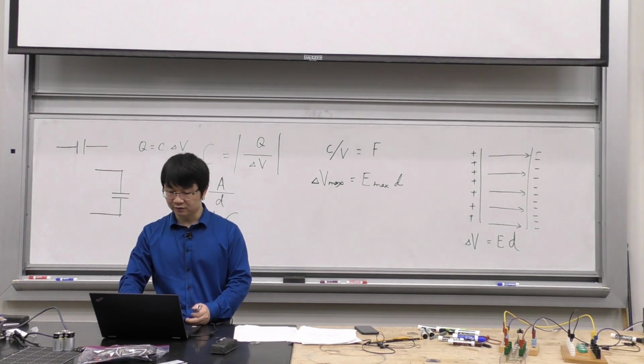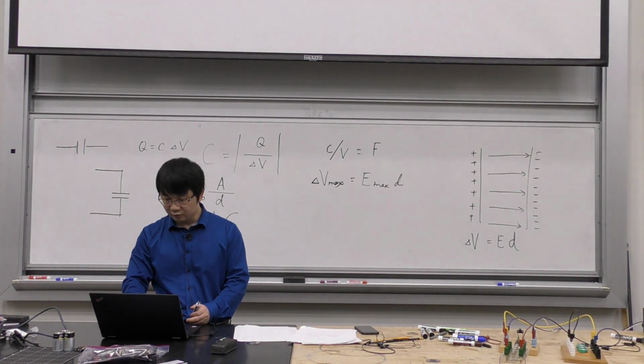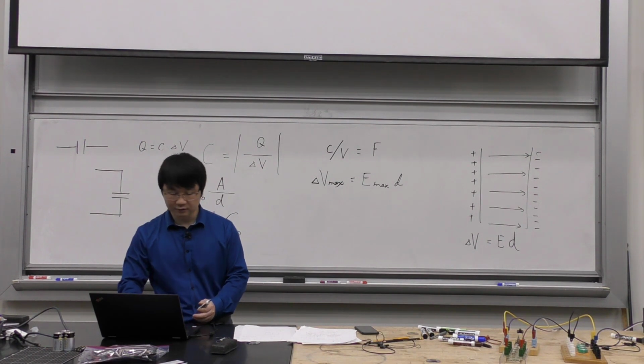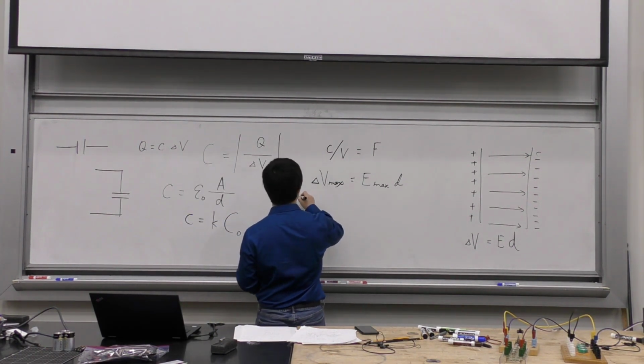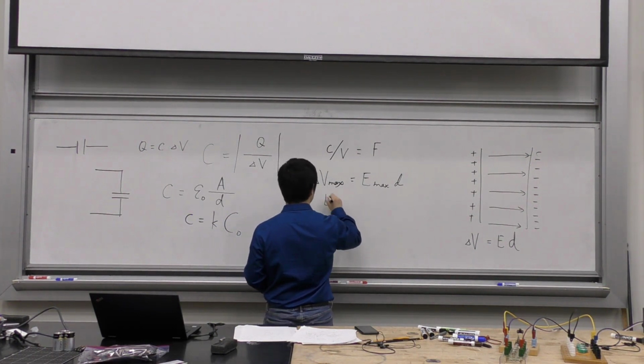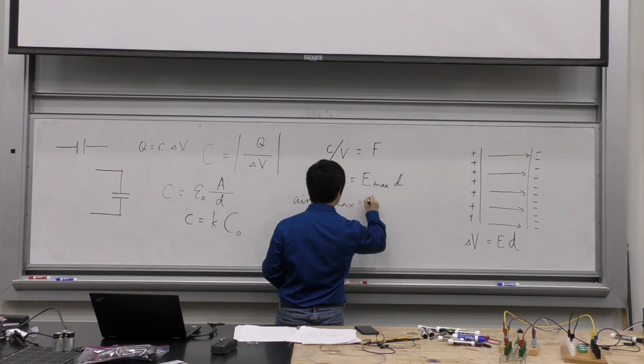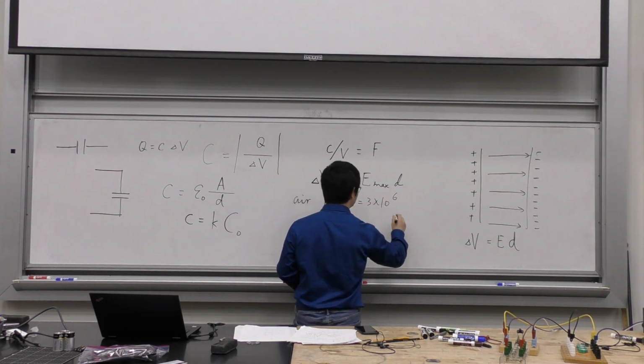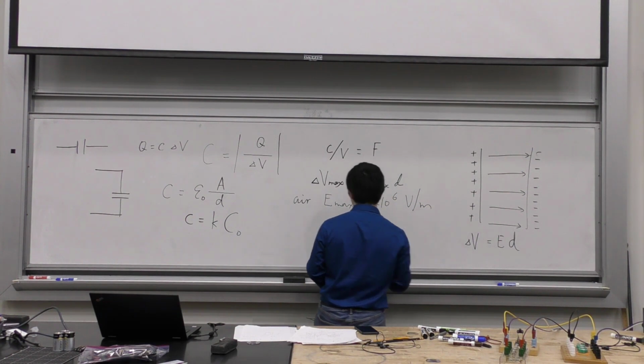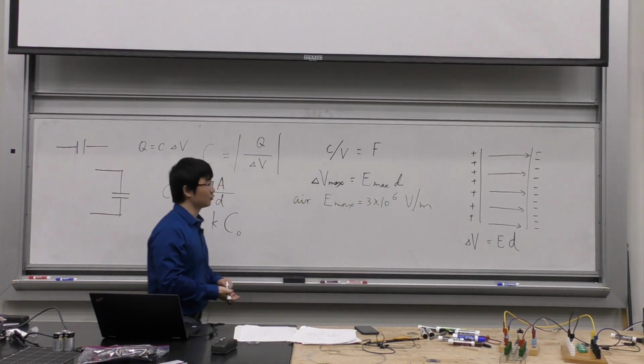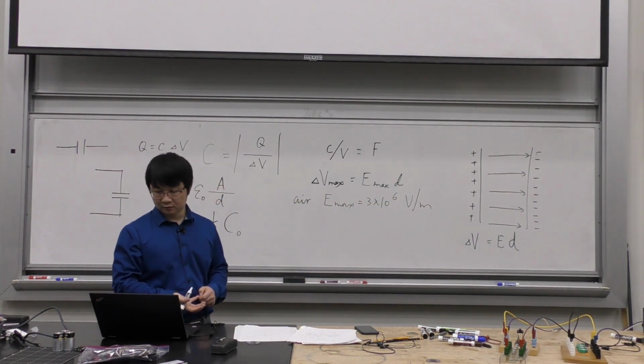Take a look at the previous slide. So now I need the E max for air, the dielectric strength of air. For air, E max is 3 times 10 to the 6 volts per meter, or newtons per coulomb. They are the same unit.